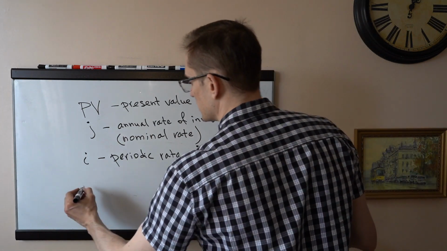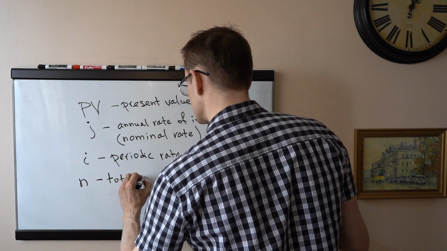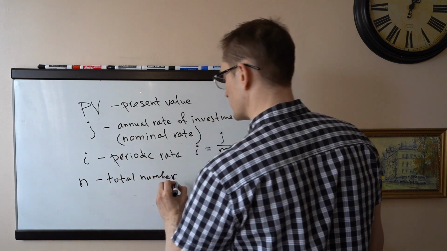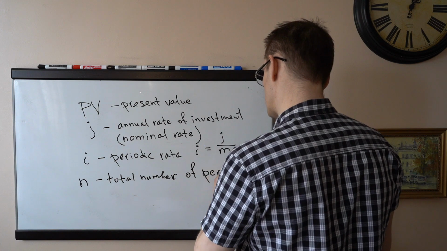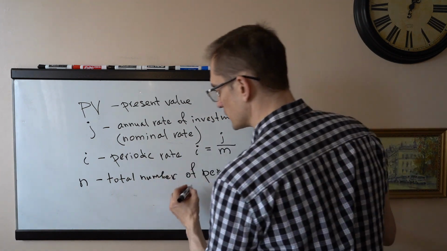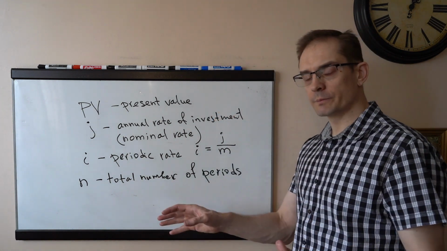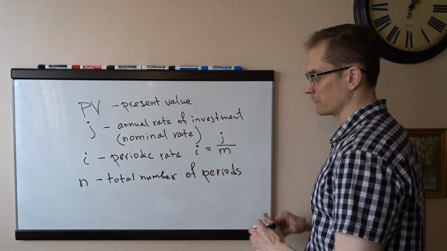Now, N is the total number of periods, the overall number of periods in the whole duration of your investment.